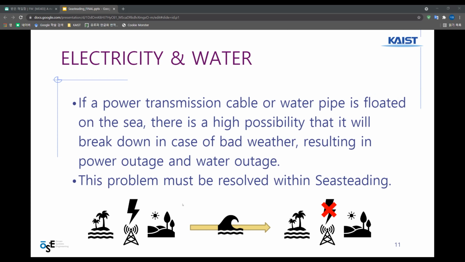Thus, it is safer to have a floating power plant and water station in the system than transporting electricity and water from the mainland to the system, because the water pipe and power transmission line can be destroyed during harsh weather conditions such as typhoons.